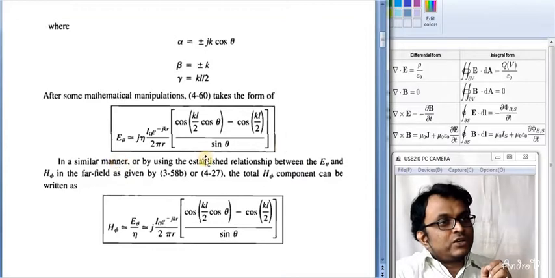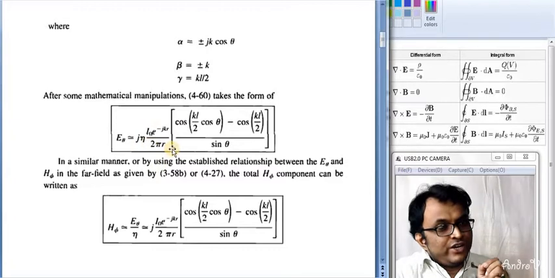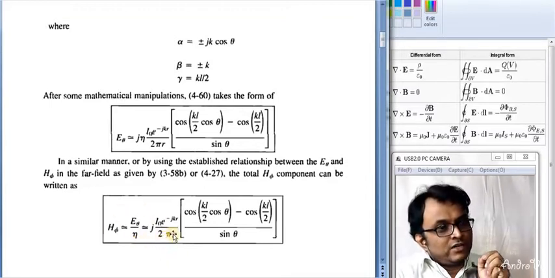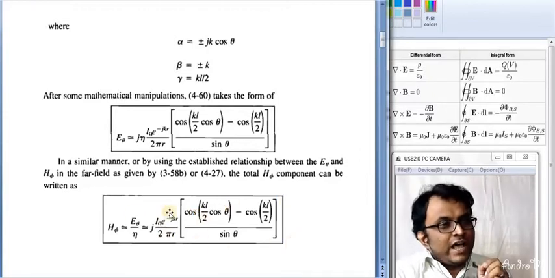Therefore, we can say only the elevation component E theta dominates, which is nothing but the decaying amplitude of the field as well as the time varying component. In a similar way, the magnetic component is also associated with the time varying component as well as the exponentially decaying part.